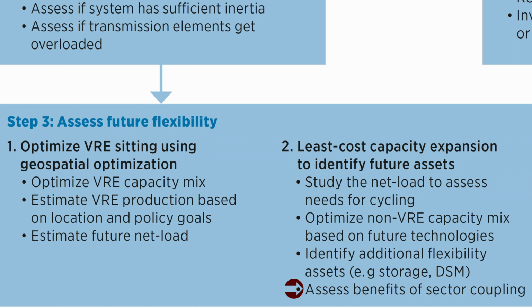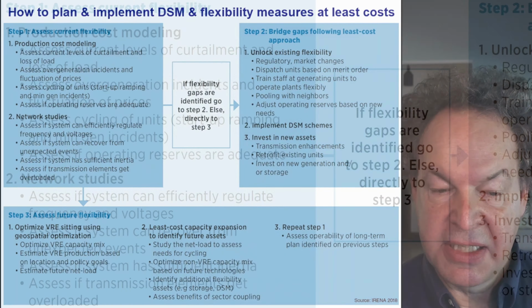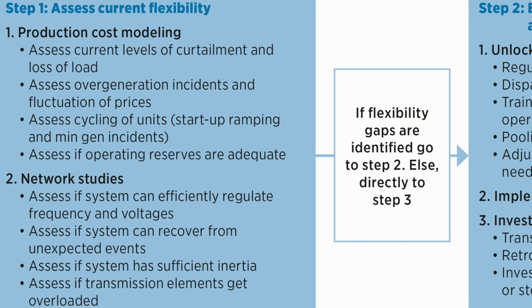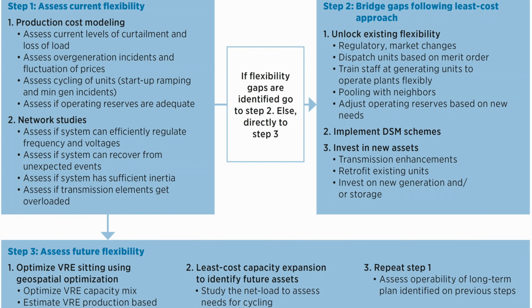We assess benefits of sector coupling. And the third step, we repeat. Step 1, assess operability of the long-term plan identified in previous steps. And after step 1, if we identify some flexibility gaps, we want to go to step 2 again, and then to step 3. That was it.